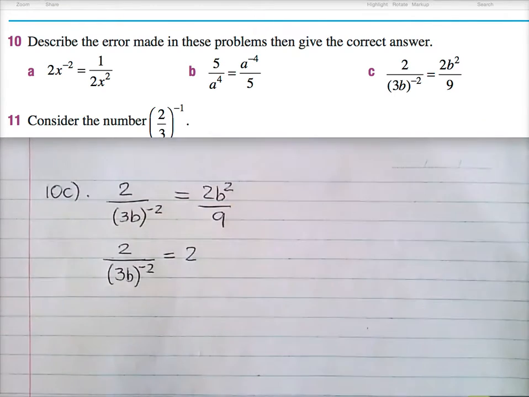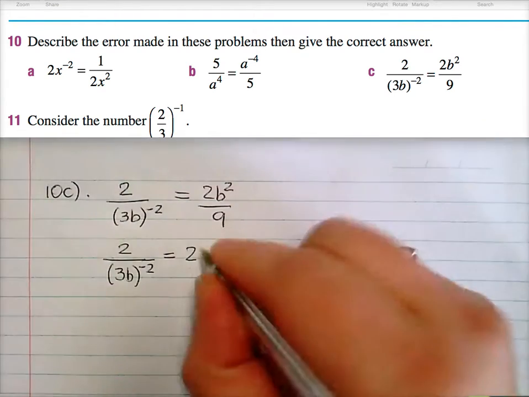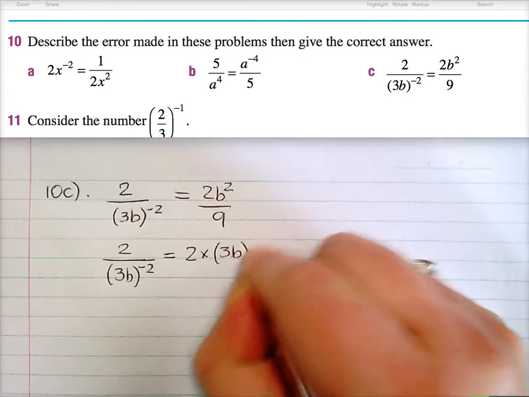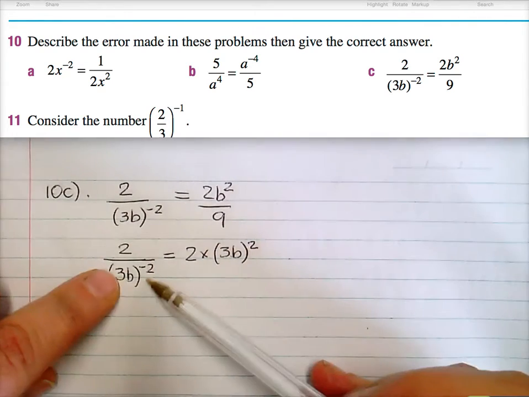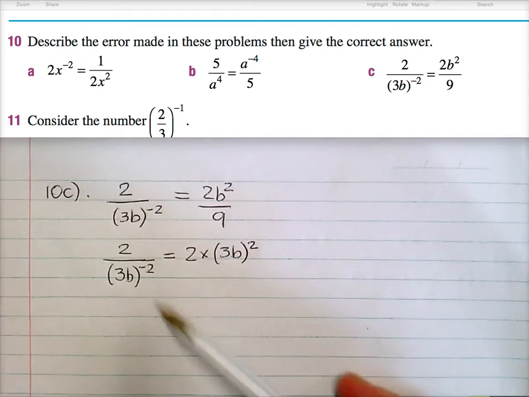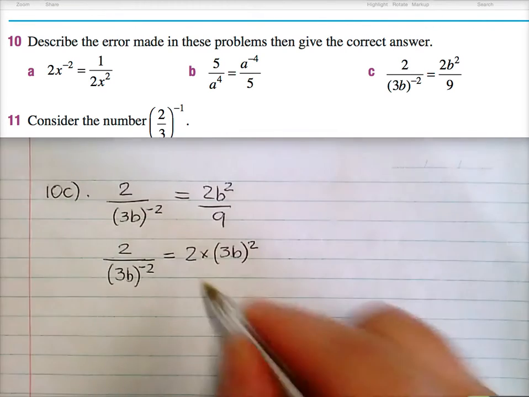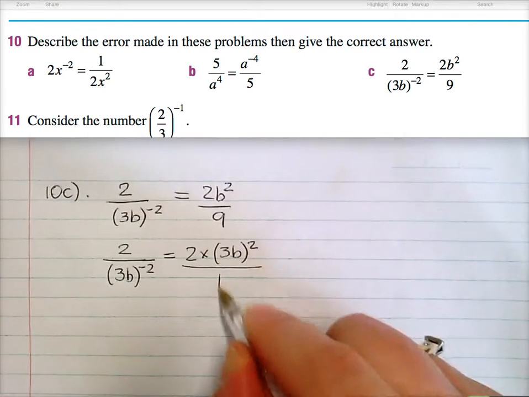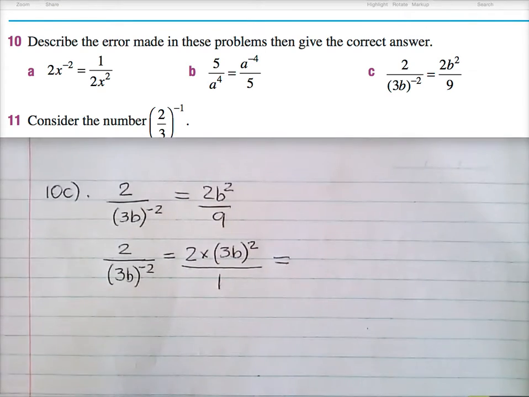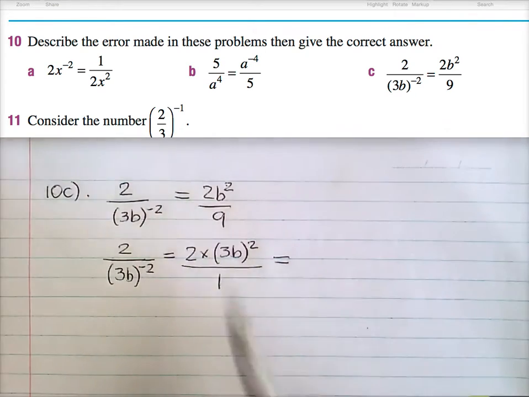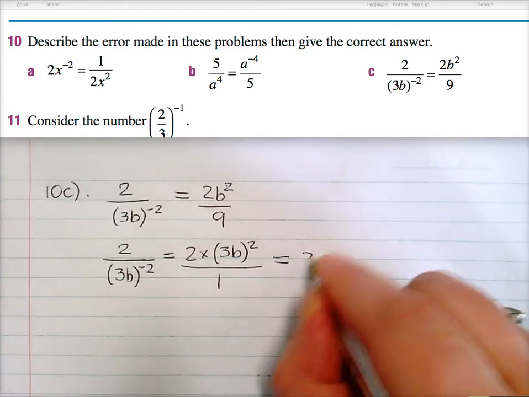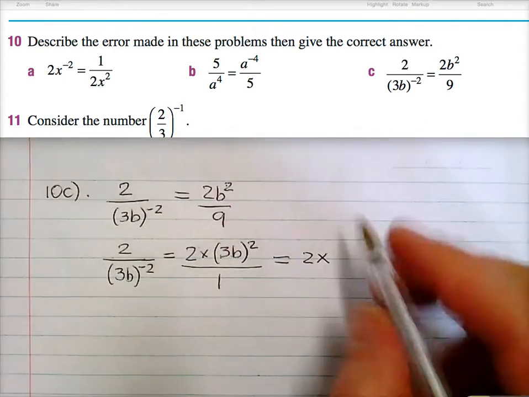Because how do I rewrite that? 3b squared. So I'm moving it from the denominator up to the numerator where it would have a positive power now. Opposites. Girls, that's over 1. Are we okay with that? So girls, they moved the b squared up. What did they do wrong? Let's just work it out. So that's 2 times what? What's 3 squared?